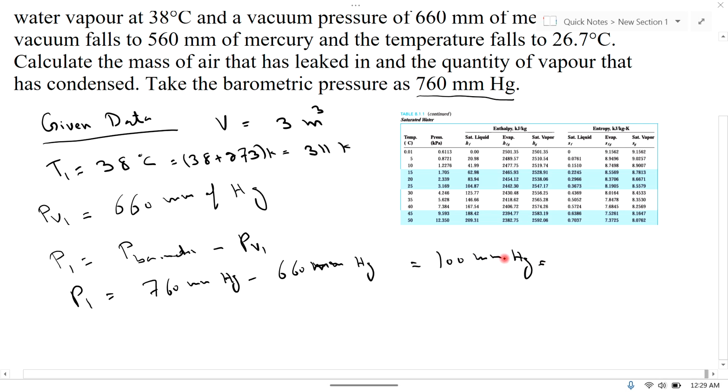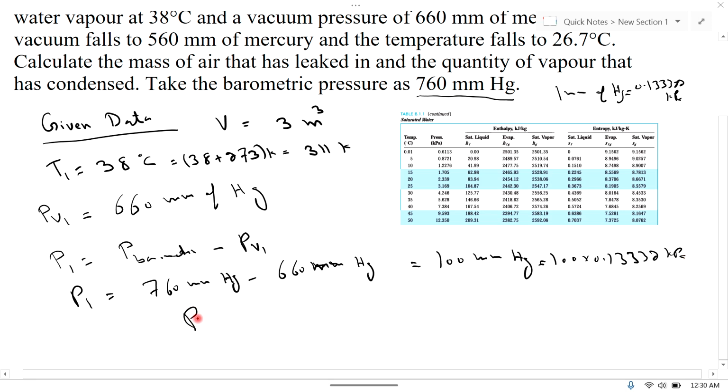convert this to kilopascal. So we know that 1 millimeter of Hg is equal to 0.133322 kilopascal. So 100 millimeter of Hg means 100 multiplied by 0.133322 kilopascal.